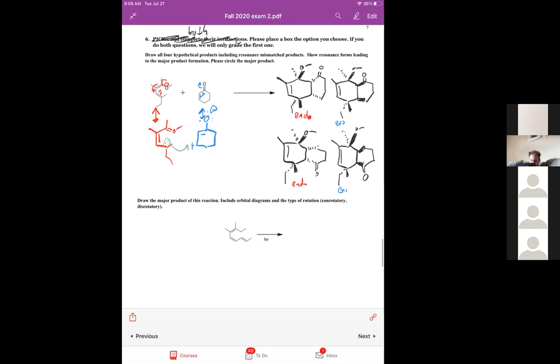versus our alignment for the other answer, which would be where your negative is not attacking your positive.